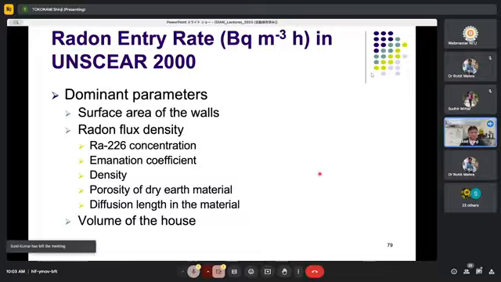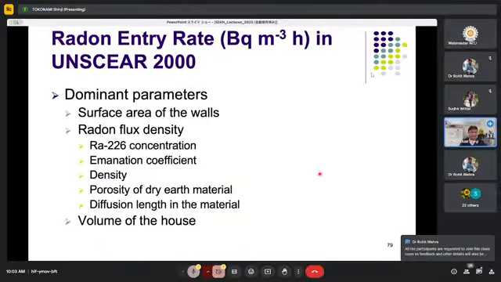I received a question on radon entry rate. I'd like to introduce some information related to radon entry rate.